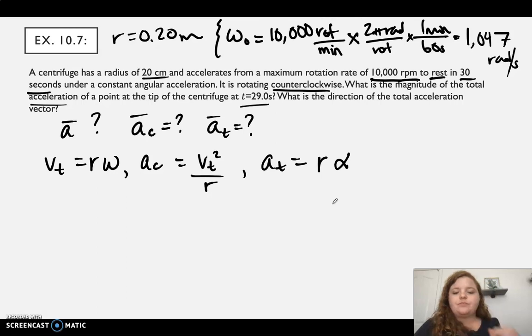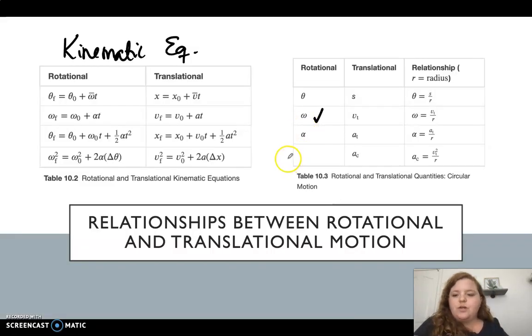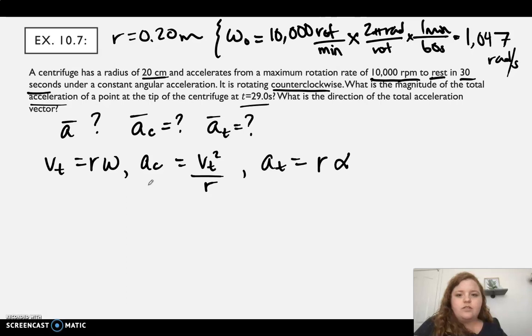So let's see. We'll need to use one of these equations. We have that we need to find alpha. So we want alpha. We do have a time, and we have an omega naught. We don't have an omega though, because our final omega is not known, since we are asking about the magnitude of the acceleration at t equals 29 seconds.